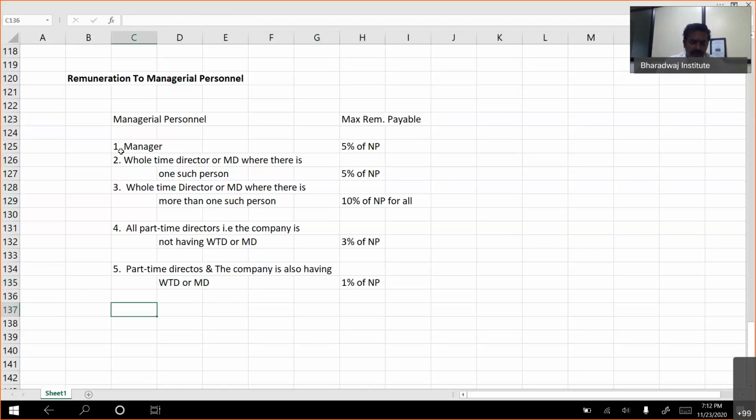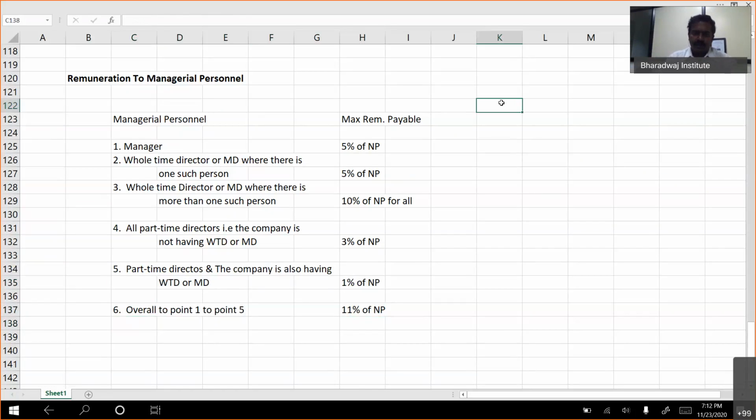Overall, from point number 1 to point number 5, you can pay 11% of net profit, for all the people put together. You cannot pay more than 11% of net profit.